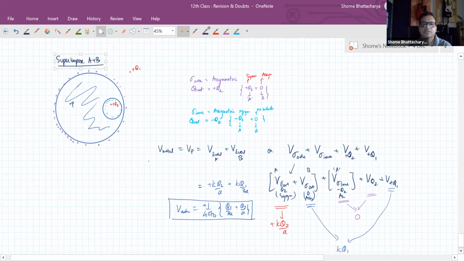So the electric field lines will look very, very asymmetrical. They will be something like this.